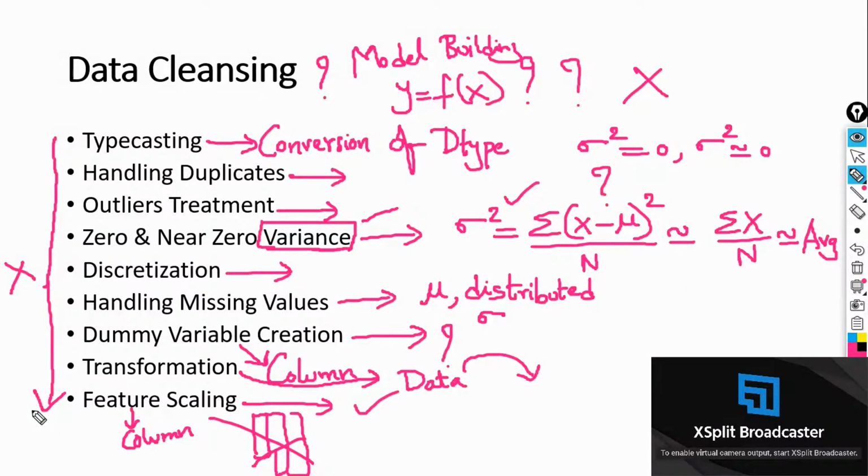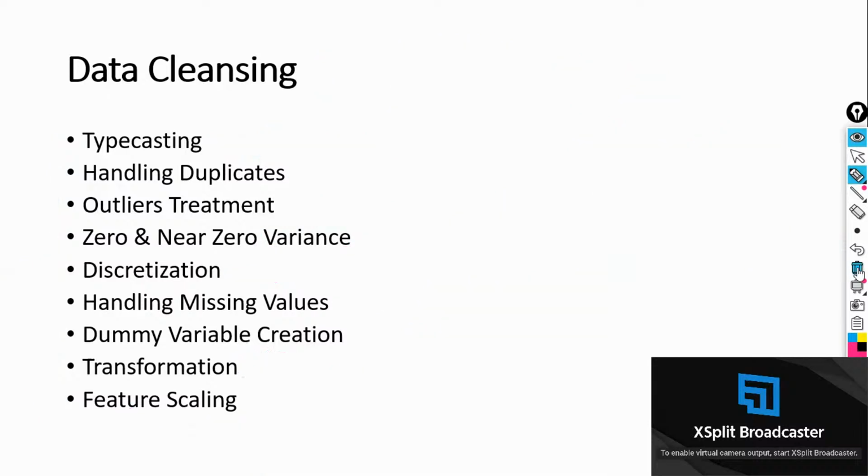This is what we are going to learn for the coming few days, and your patience is what will keep you going. We'll be learning one by one, steadily and slowly. Shall we proceed? Shall I proceed to the first topic, typecasting?